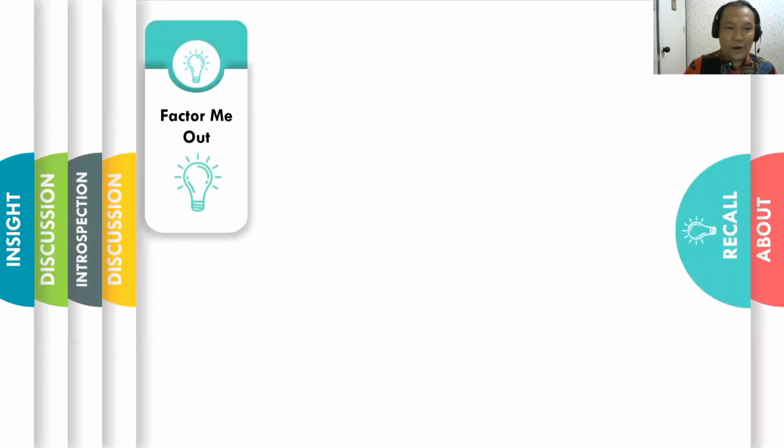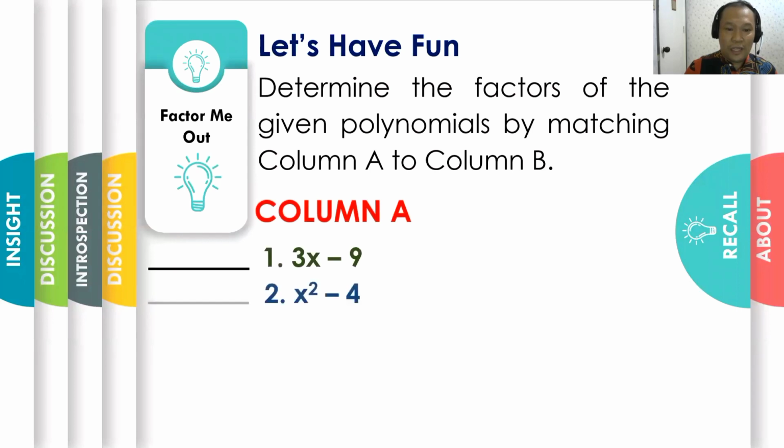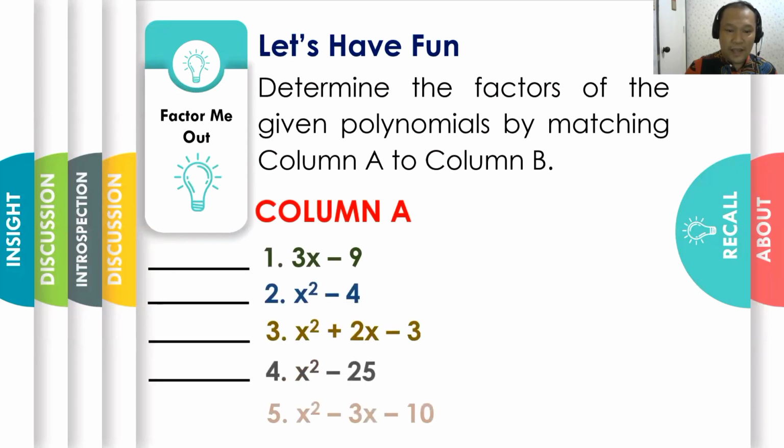To start with our presentation, let's have fun. Now, determine the factors of the given polynomials by matching column A to column B. I will be giving you polynomials in column A, and these are 3x minus 9, x squared minus 4, x squared plus 2x minus 3, x squared minus 25, and x squared minus 3x minus 10.